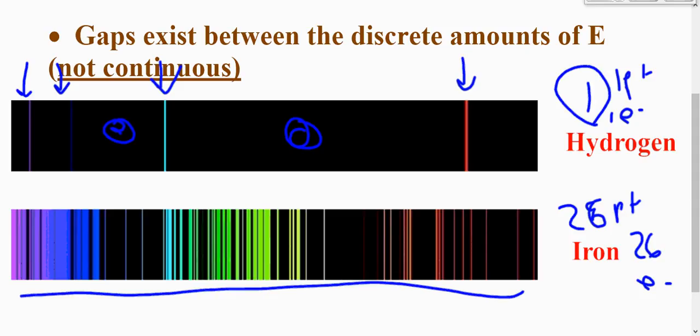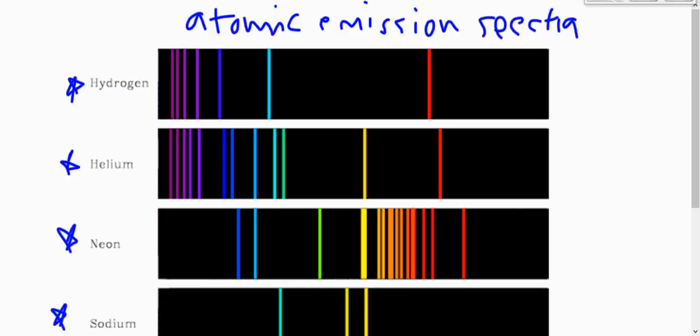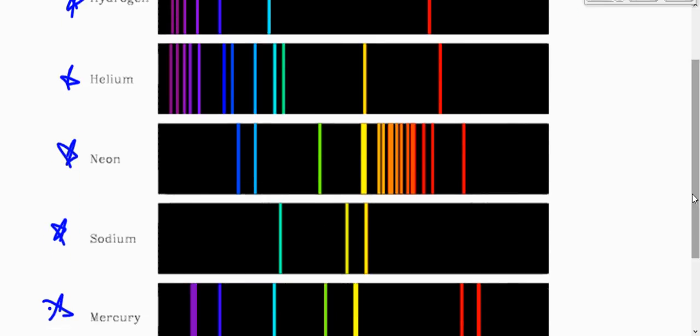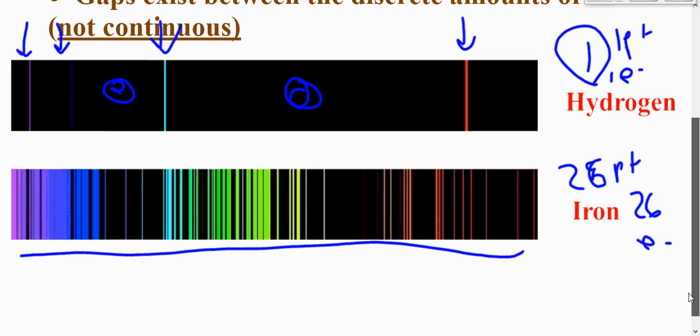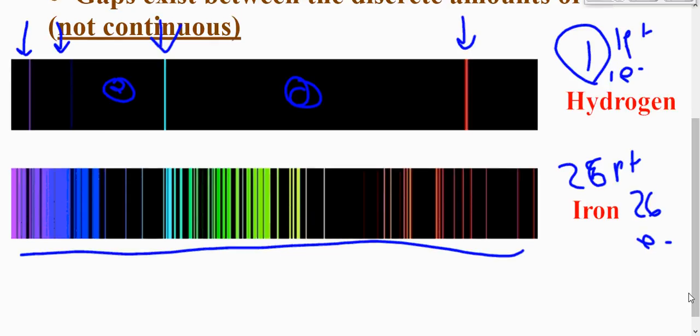And if you go back to the other slide with some of the other elements, helium's number 2 on your periodic table, neon's number 10. You can see, now sodium's number 11, it doesn't have a lot of banding, but it tends to be more banding as you go further down the periodic table. But like I said, every single element has its own unique banding pattern.